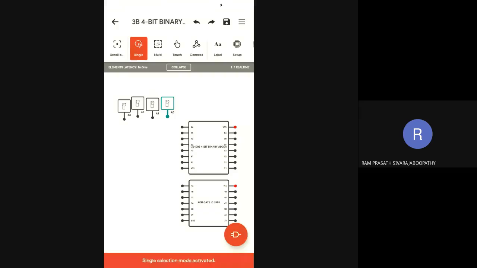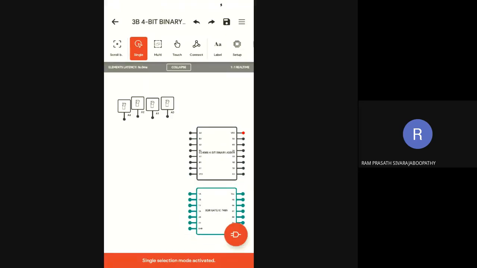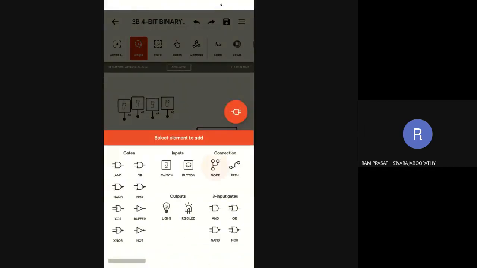Fine. So here what I have to do is I have to use nodes for proper connections. For proper connection, what are we going to do? We are going to use nodes. I'm going to take 4 nodes. 4 nodes are taken.